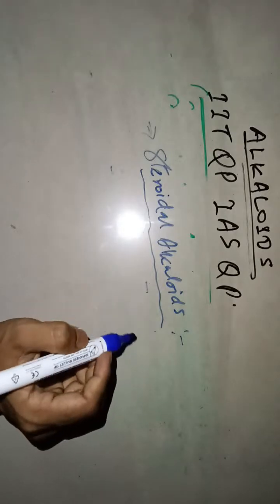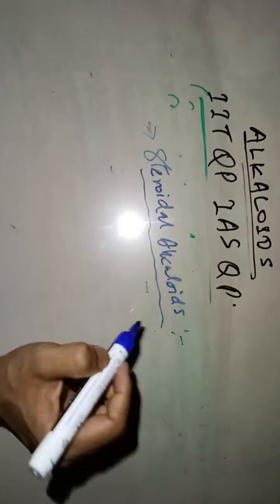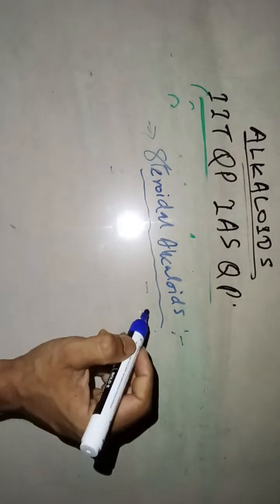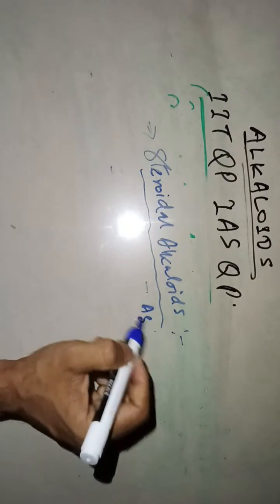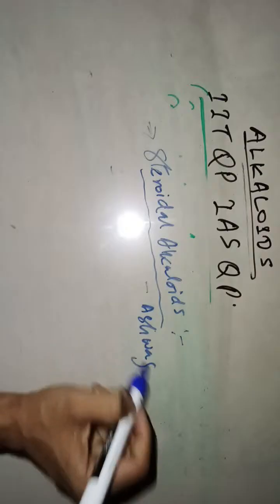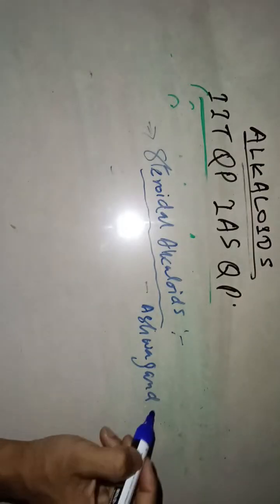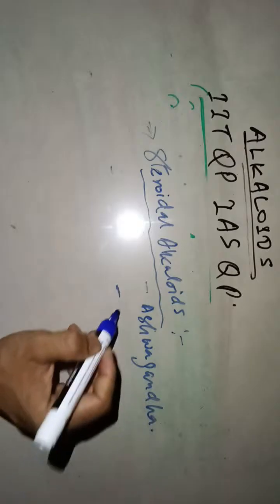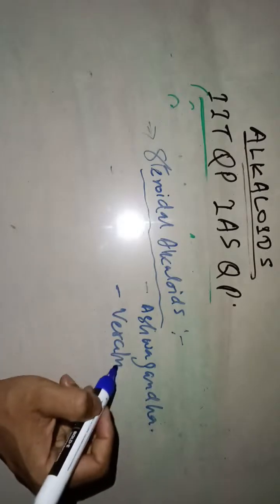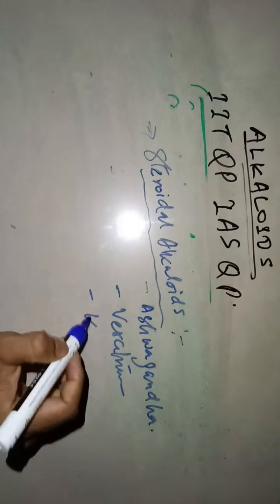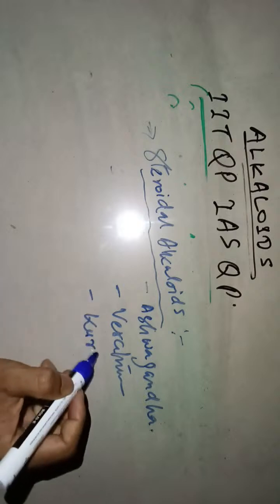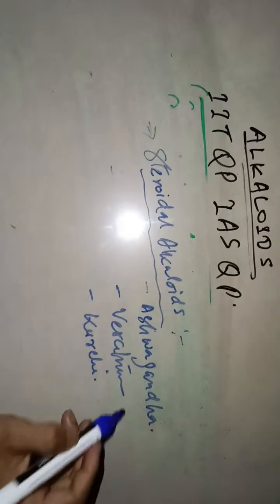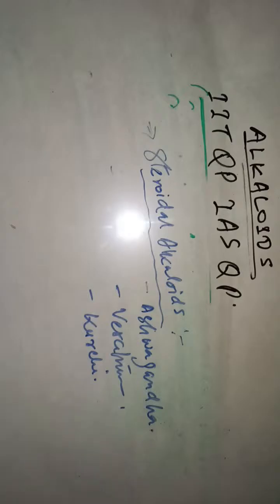Chair is called kurchi in Hindi. So you can write Ashwin, that is Ashwagandha, Virat, that is Veratrum, and Kurchi. After taking steroids, Virat and Ashwin are sitting on the chair.